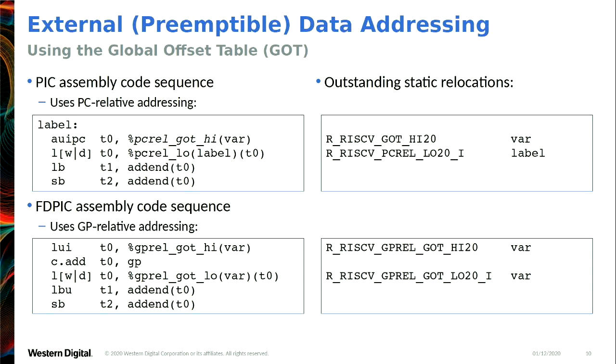I forgot to mention that the percent operators are the assembly language operators which encode or request a specific relocation to be generated. However, the topmost percent operator on the left-hand side is in italics because we don't actually have this operation in the assembler.